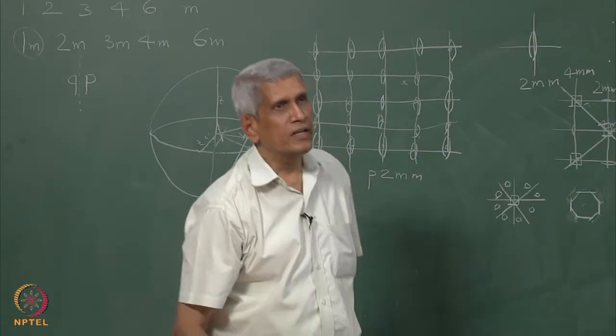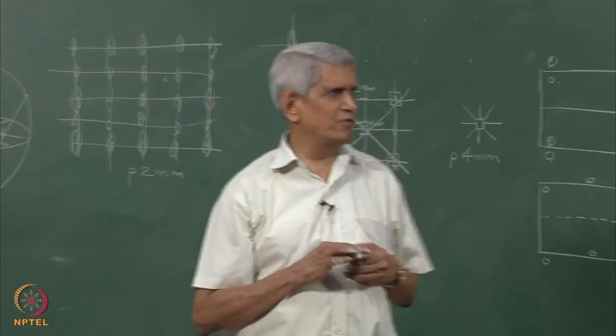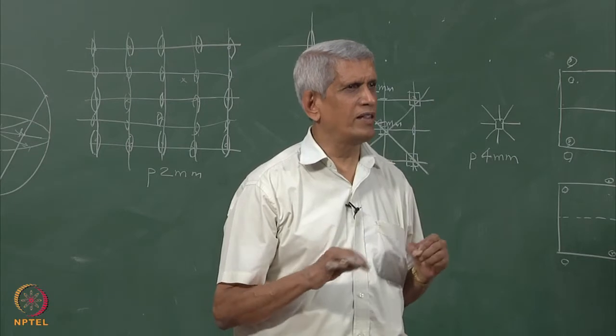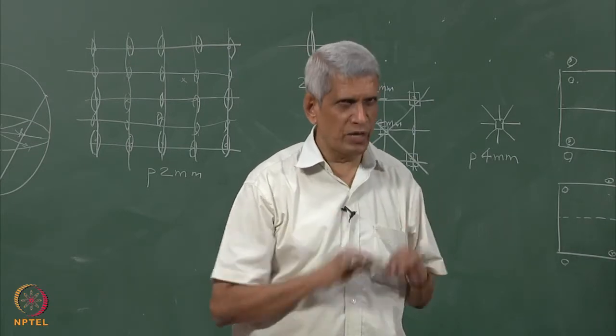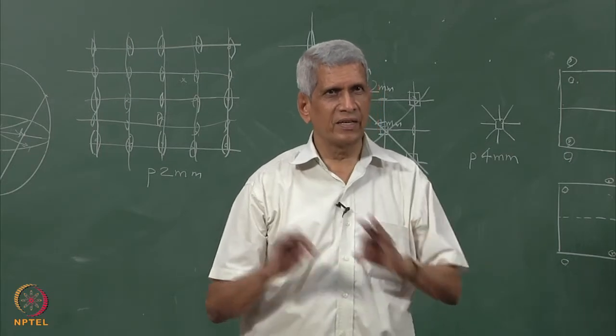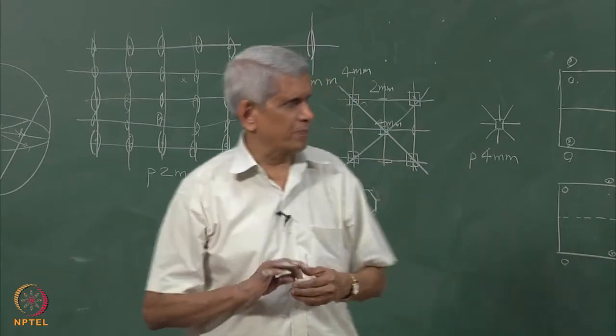That is, if we have an atom, okay, this is the lattice which is there, what are the various positions where we can put the atom and still satisfy the symmetry of this particular crystal.